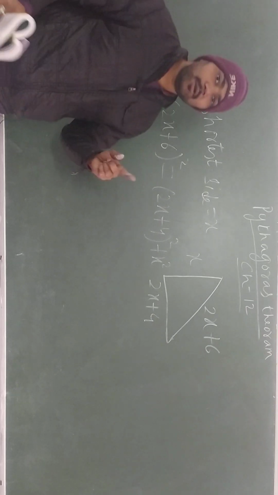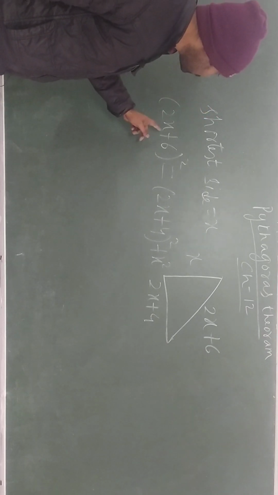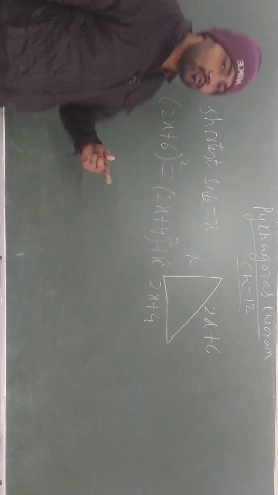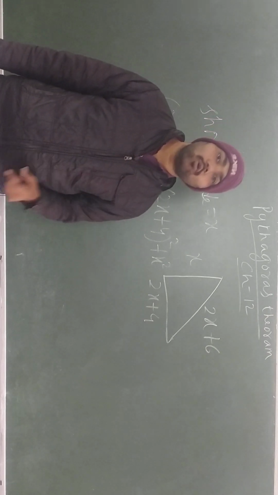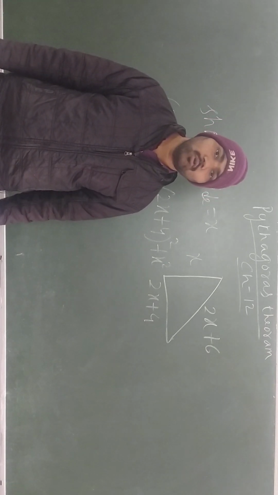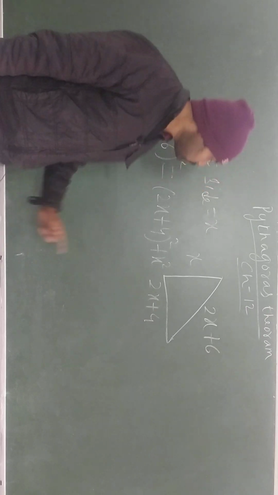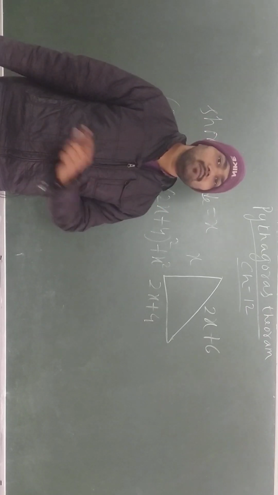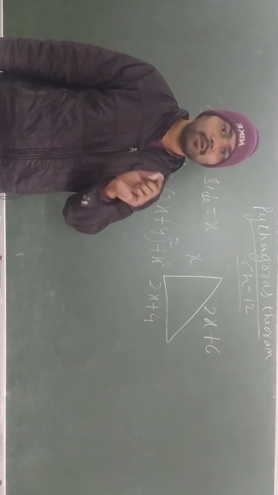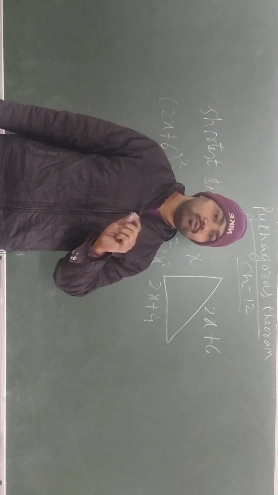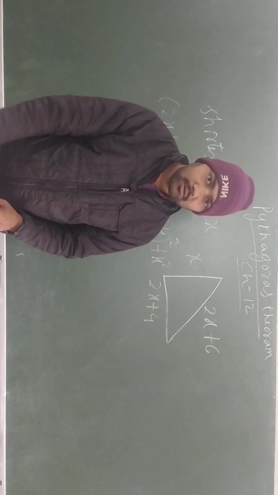Now we have to keep in mind that the value will be opened by using the (a plus b) whole square formula, which you all have studied: a square plus b square plus 2ab. By using that only we will solve the question.